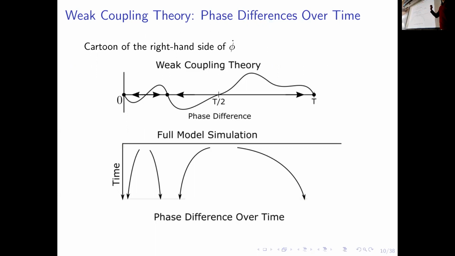Any questions about this? Are you coupled to us? Yes, so this will project to a two-dimensional system. Each one will have to adjust its phase to the other one, right?